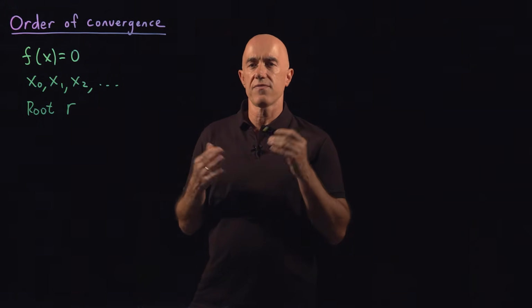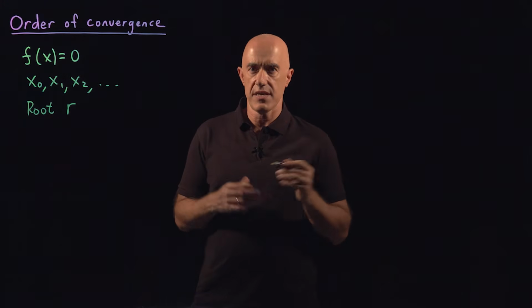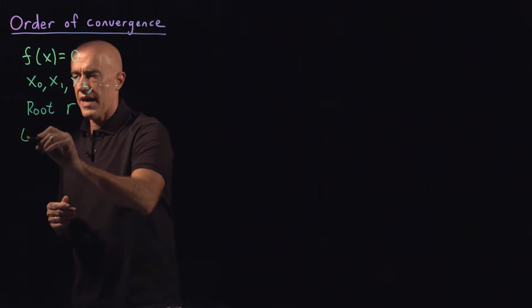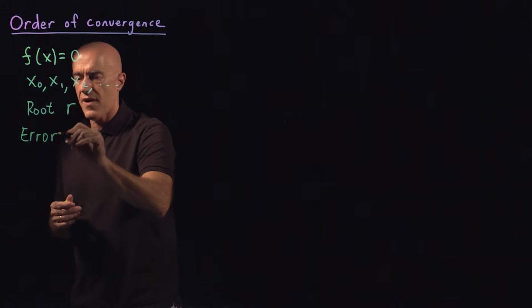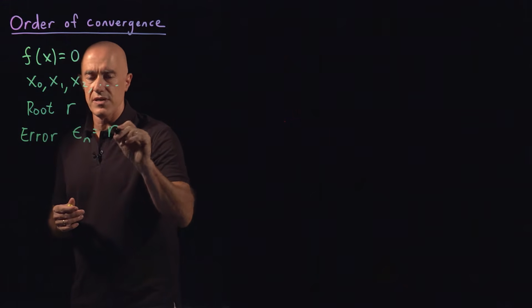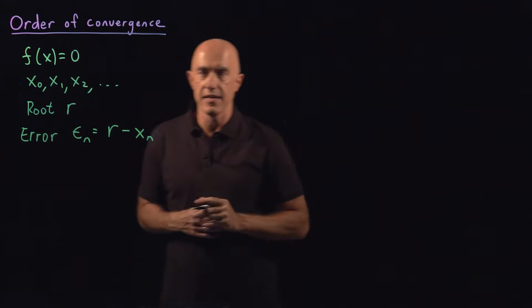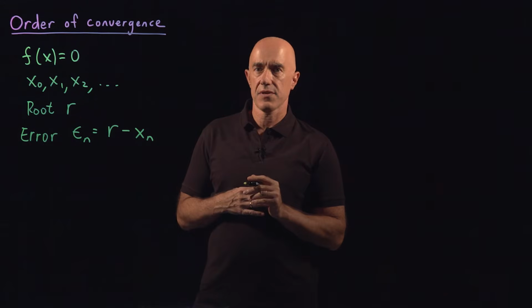So we want to quantify what is the error in each of these iterates. So the error we define as epsilon n, and that's the difference between the actual root and the xn in the sequence. Okay?